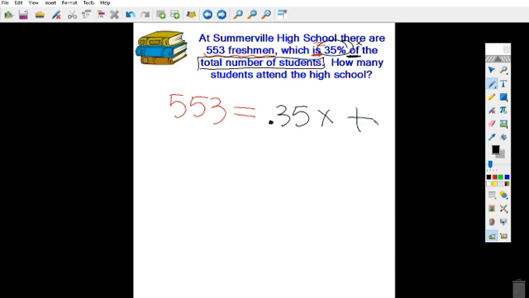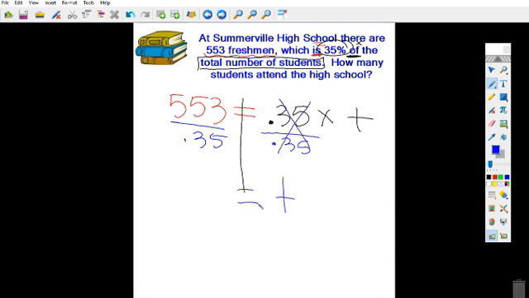So I'm going to use T for total. T for total. That is what I'm solving for. So, again, it's being multiplied. So I am going to divide by 0.35 to both sides.